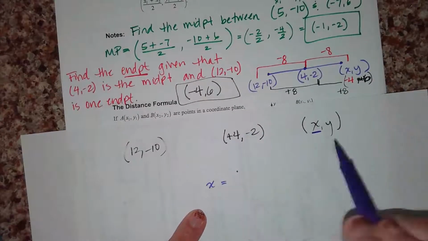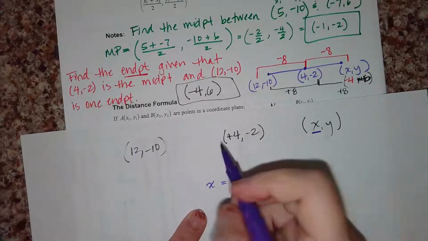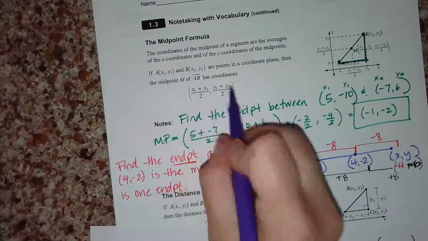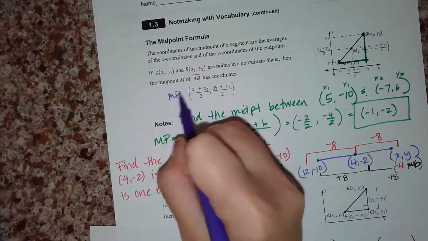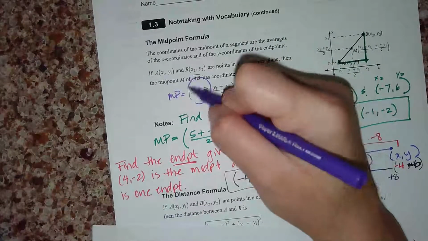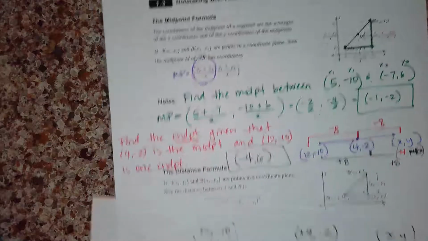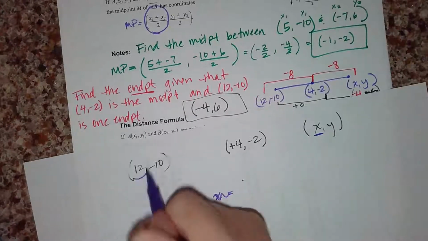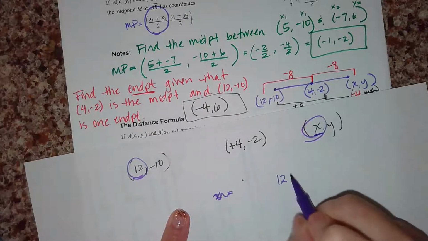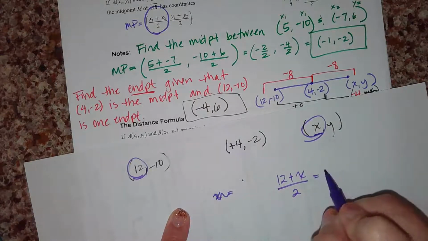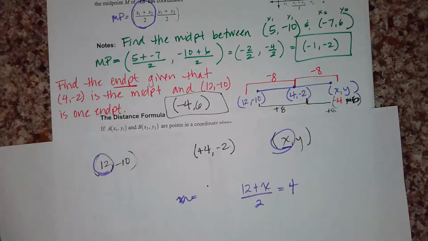Let me rephrase that. In this example, this equals my midpoint, right? So if I add up my two x values and divide by 2, that equals the x value of my midpoint. So if I add up these two x values, 12 plus x, and divide by 2, it should equal the x value of my midpoint.